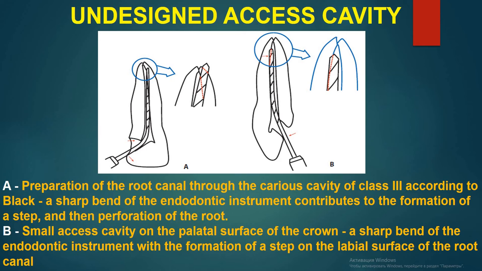Picture B. Small access cavity on the palatal surface of the crown. A sharp bend of the endodontic instrument with the formation of a step on the labial surface of the root canal.